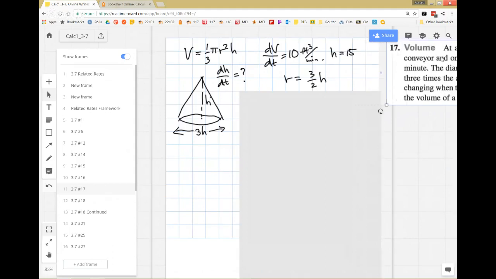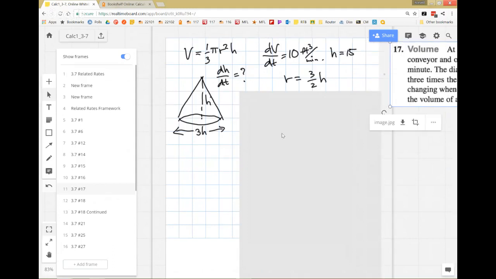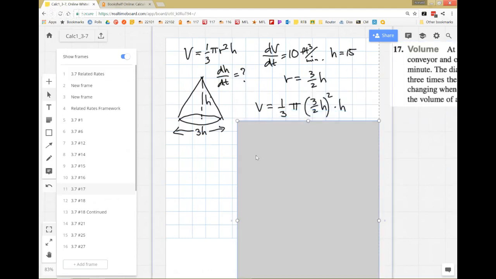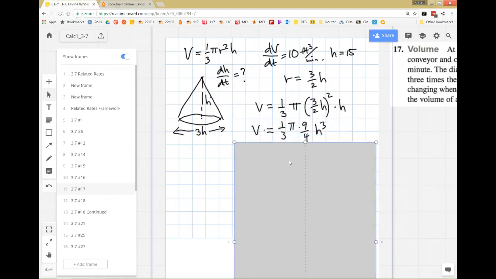So we will take our volume formula and start doing the implicit differentiation. But before we do, I make a substitution. V equals 1/3 pi r squared h. Well, we can't deal with both r and h, so what I did is I took this substitution for r, 3/2 h, plugged it directly in for r. So then we have to square it.